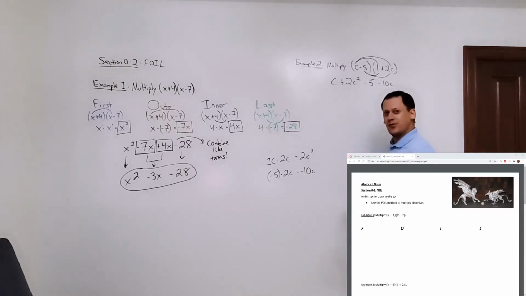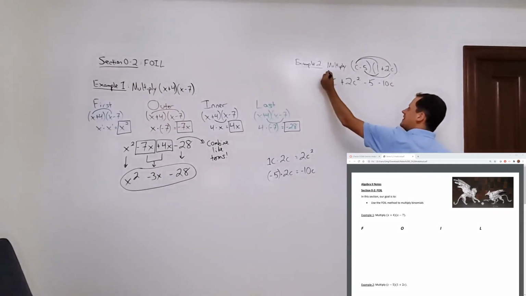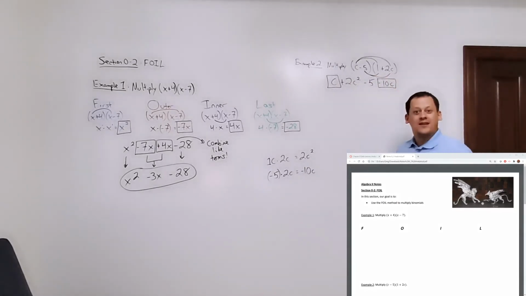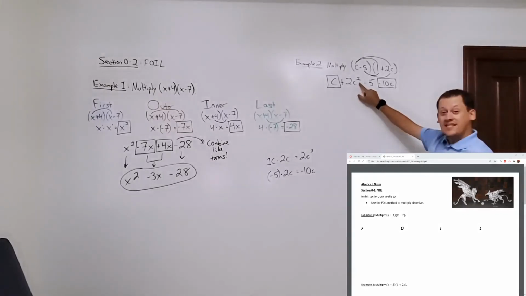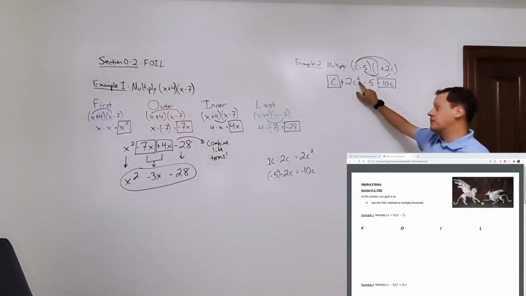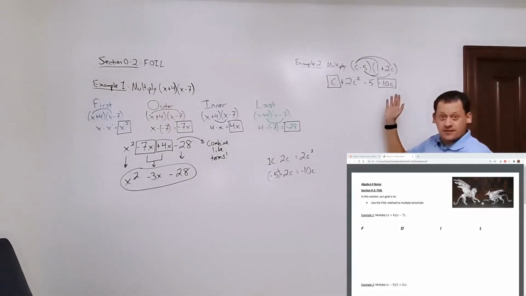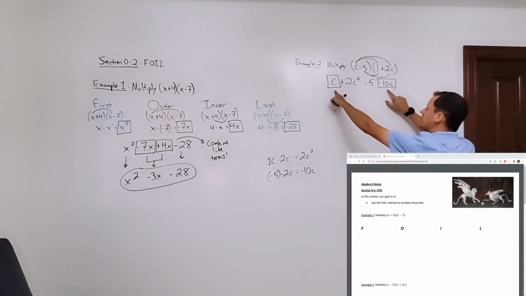Which two terms are we putting together here? Those two. Because they're the ones that have just c with them. This one has a c squared. None of the other ones do. This doesn't have a c. That makes it different from all the rest. These are the two that we're putting together.